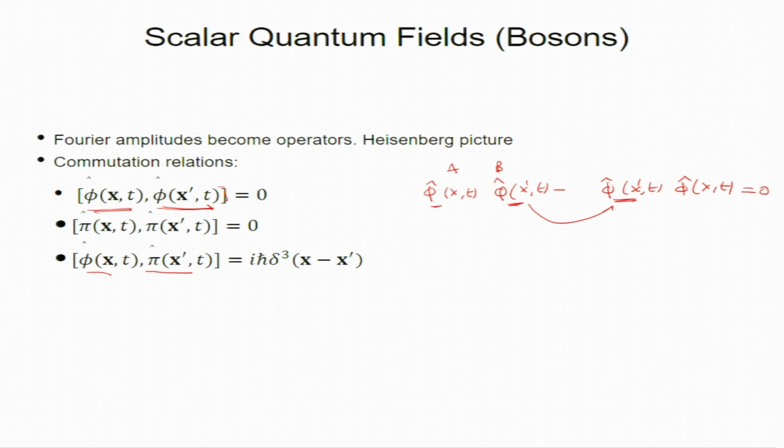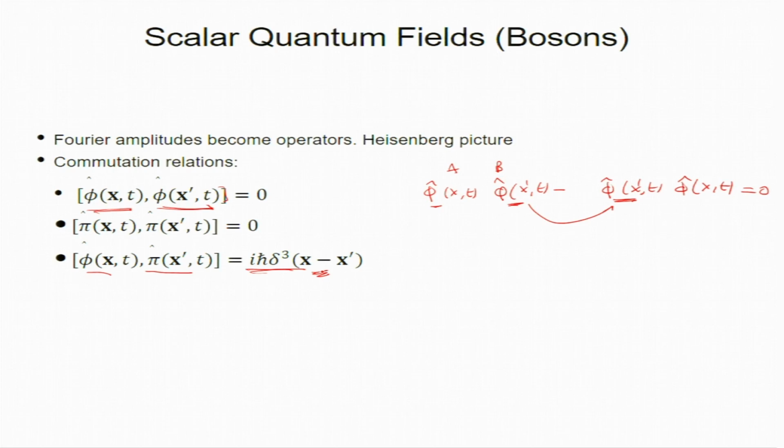Phi and pi do not commute, and the right-hand side is i h bar, in 3D times delta cube of x minus x prime. If they are at the same position, it becomes infinite. If they are at different positions, they commute. It is like a particle: position and momentum at the same place do not commute, but at different positions they commute. But this is not really a particle, this is an operator. So, these are the postulates for our field.